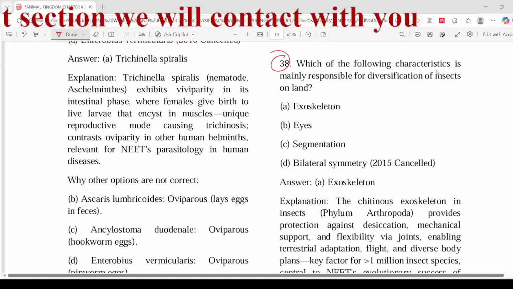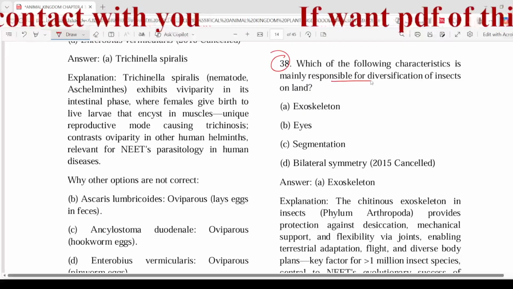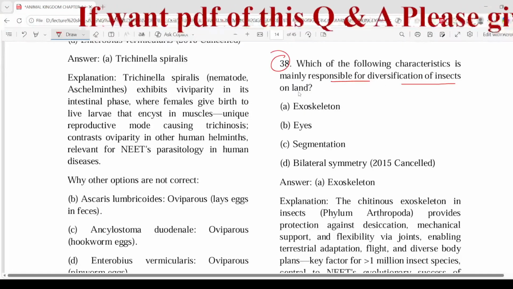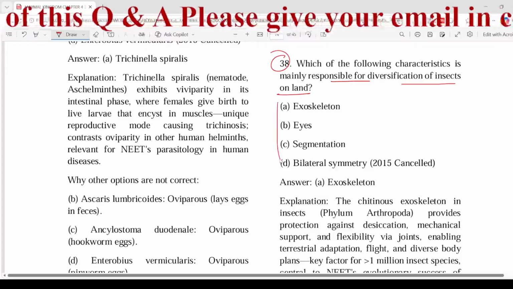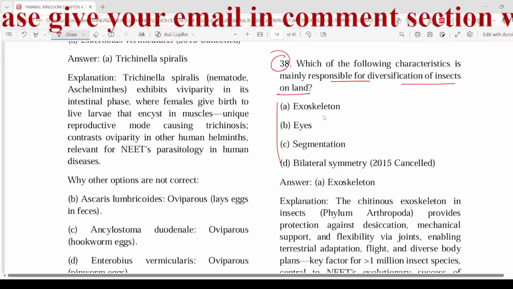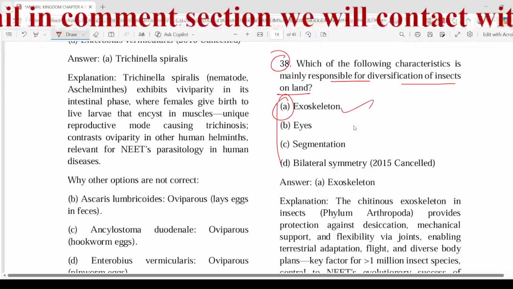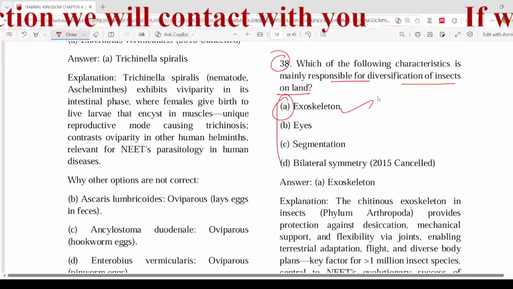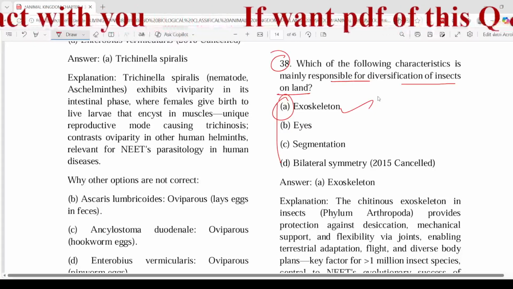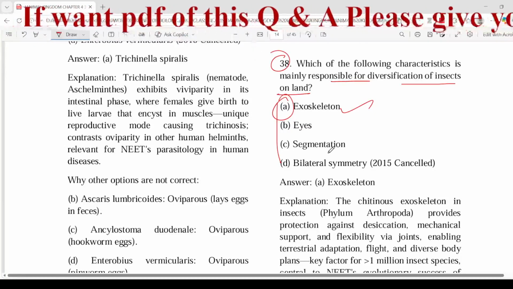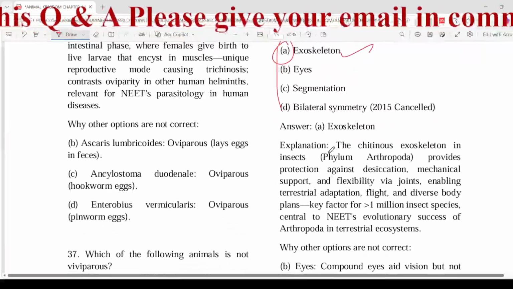Which of the following characteristics is mainly responsible for diversification of insects on the land? Four options are given. You have to choose the correct answer. The exoskeleton will be the correct answer. It helps in the diversification of insects on land.